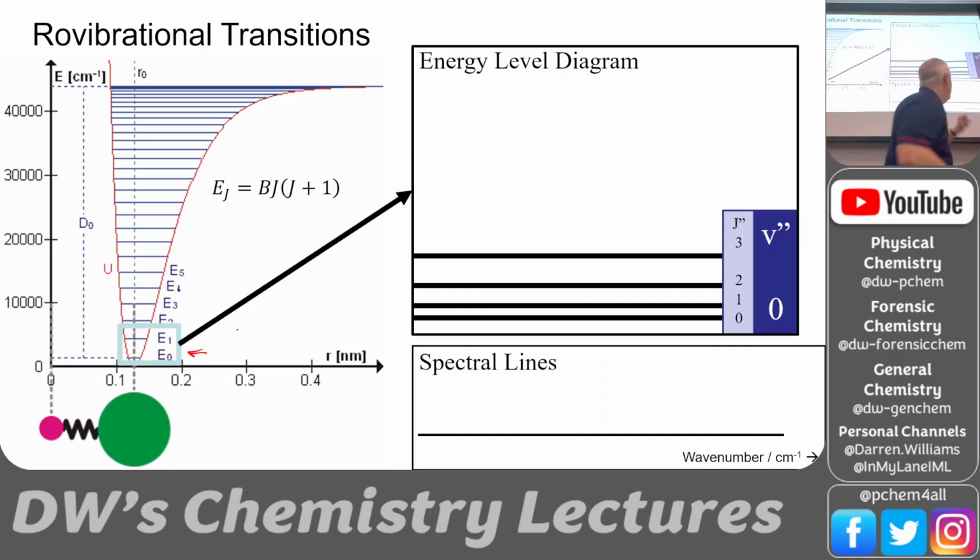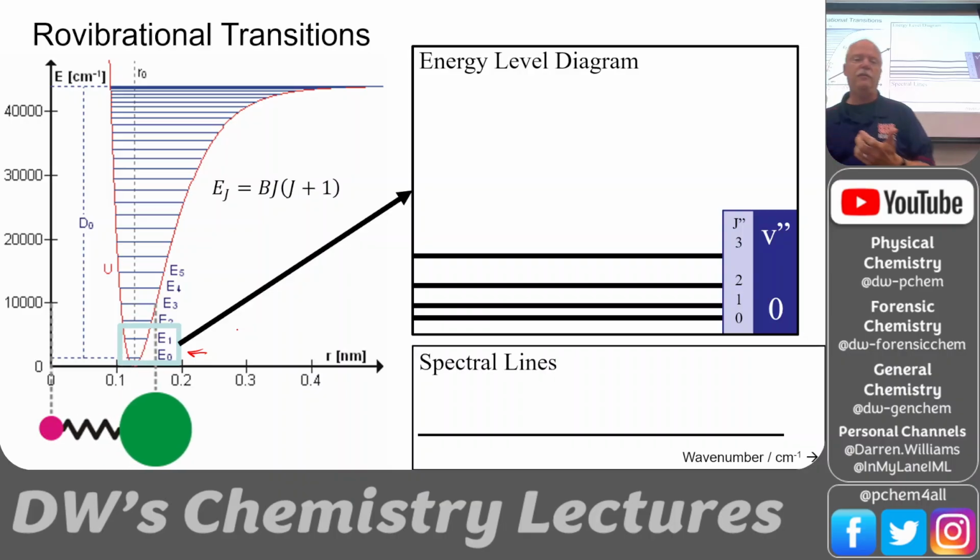And at room temperature, we're going to have molecules that are spinning faster and faster because of hot bands, because we have enough thermal energy to cause them to spin faster. So we might have molecules that are in J equals 50, but still at V equals 0. So we could have lots and lots of hot bands in the infrared spectrum.